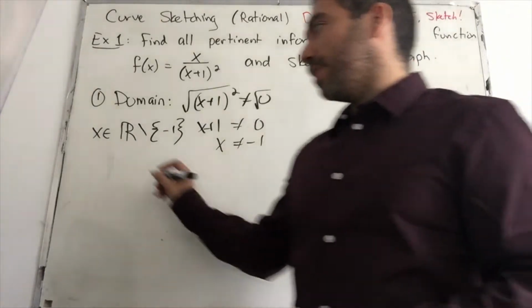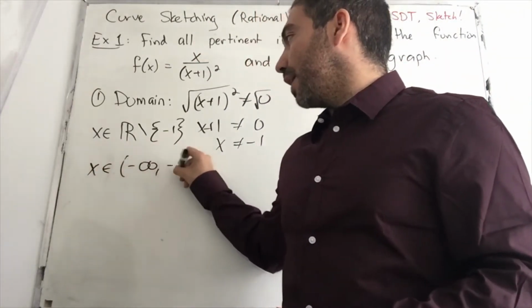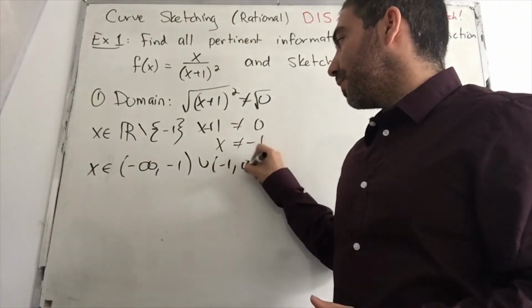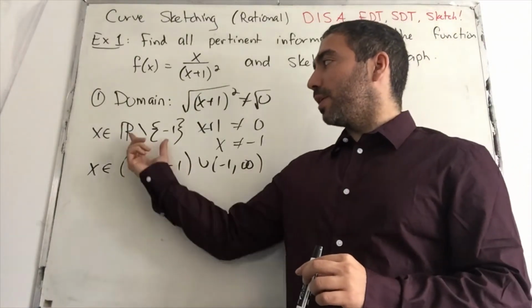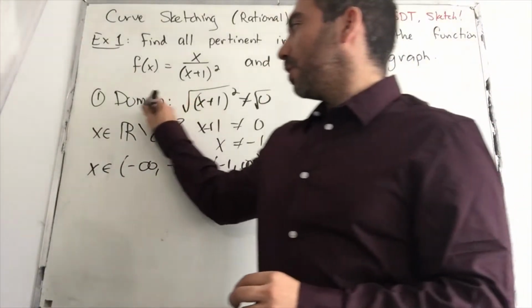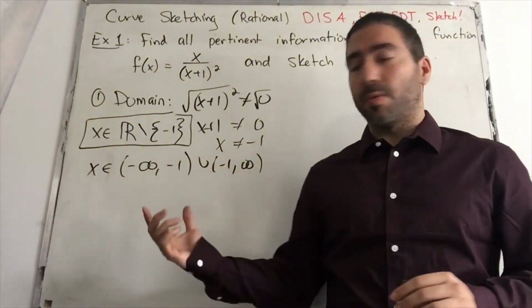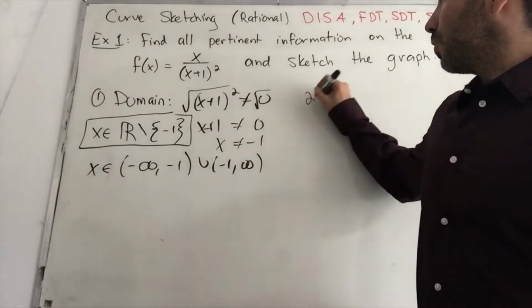Another way of expressing your answer is x is an element of negative infinity to negative 1, excluding negative 1, union from negative 1 to positive infinity. So all values except negative 1. Both these notations are equivalent. I would go with this one, but at the end of the day, both are correct. So this is the domain. It works for all real numbers except for negative 1. So domain is done.